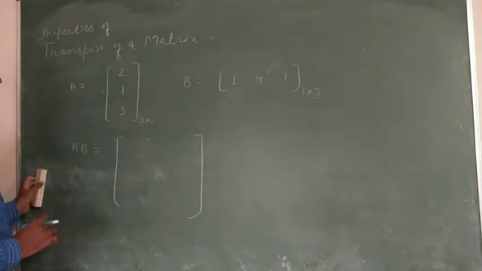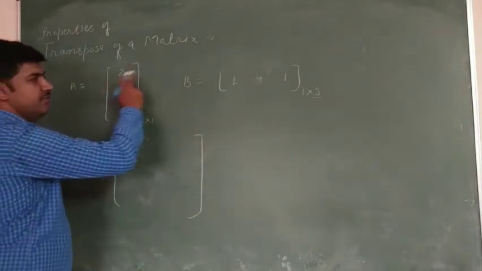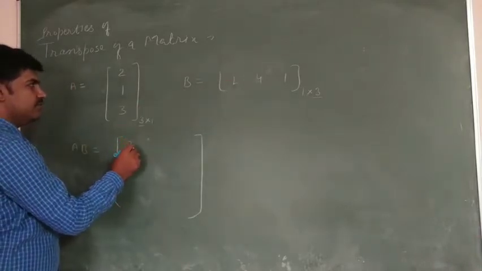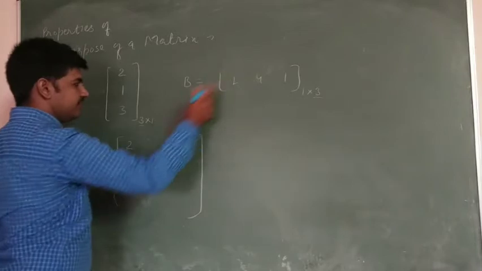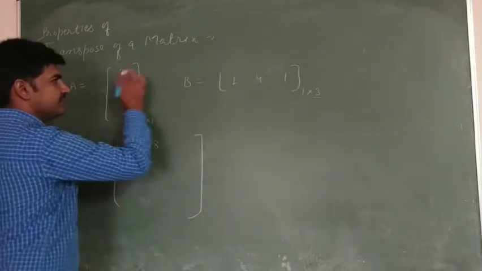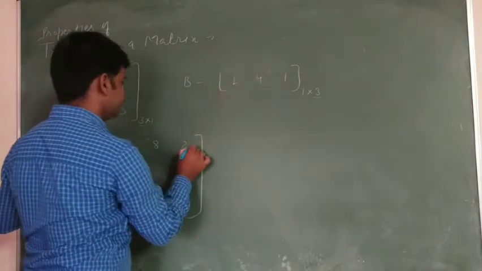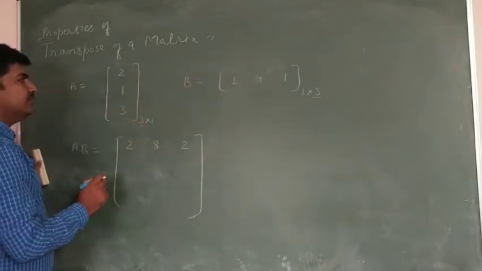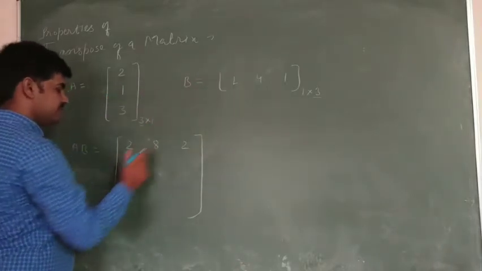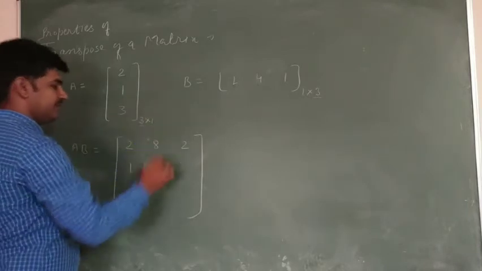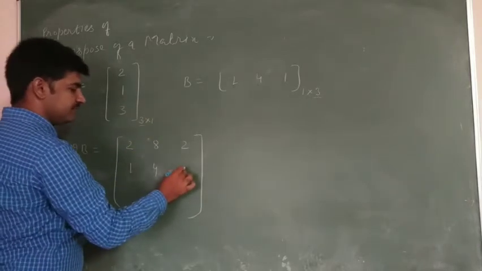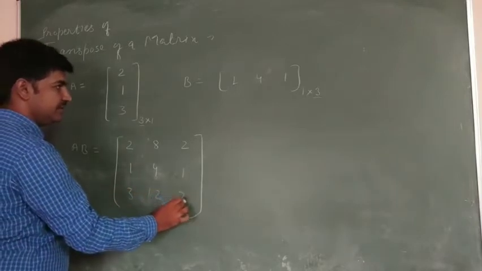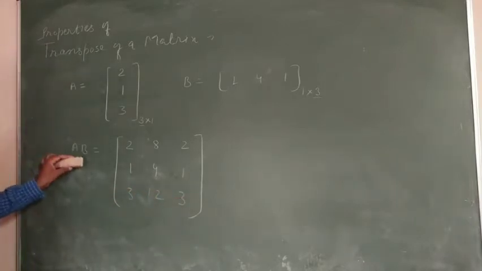The first row will be multiplied by the first column: 2 multiply 1 is equal to 2, then 8, then 2. Then second row: 1 multiply 1 is equal to 1, 1 multiply 4 is equal to 4, and 1 multiply 1 is equal to 1. Then 3, 12 and 3 is what we have got for AB.